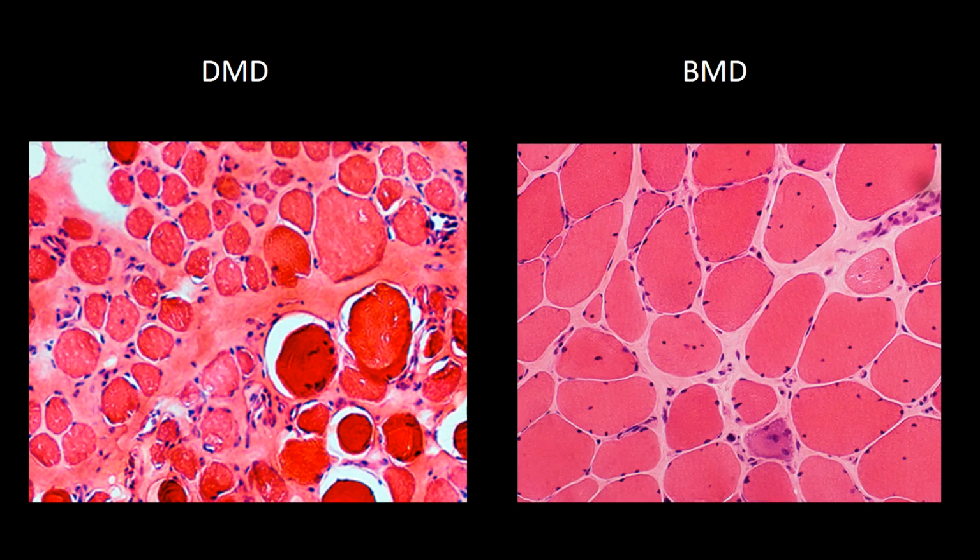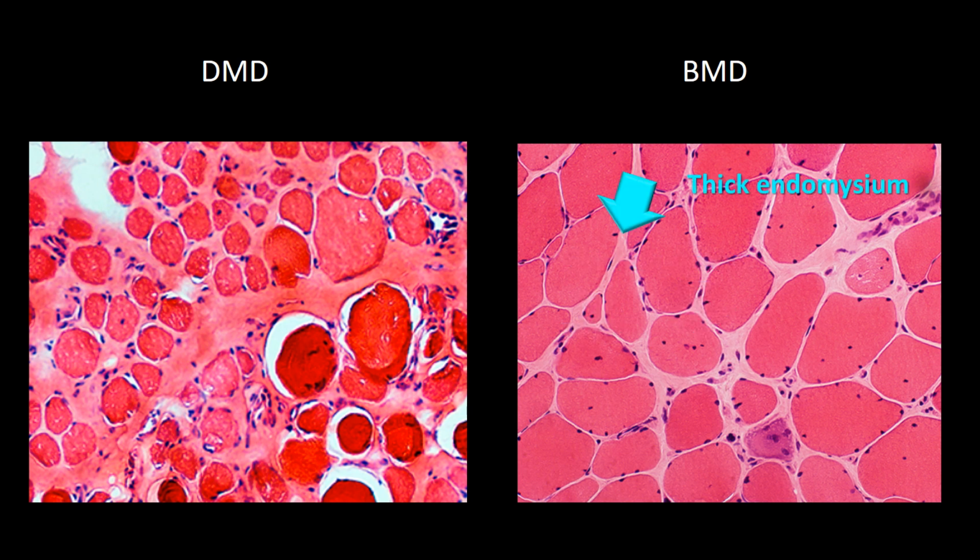I have now introduced a specimen of a patient with BMD, that is Becker muscular dystrophy. Muscle fibers lack the sharp edge but are not round as those with DMD. We find some internalization of nuclei here and here.